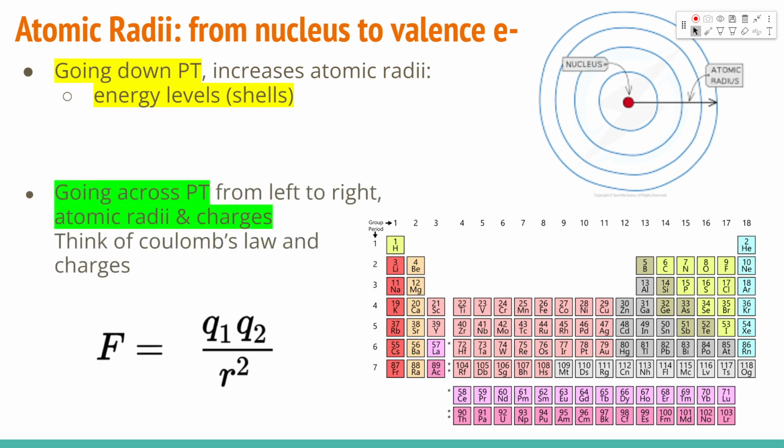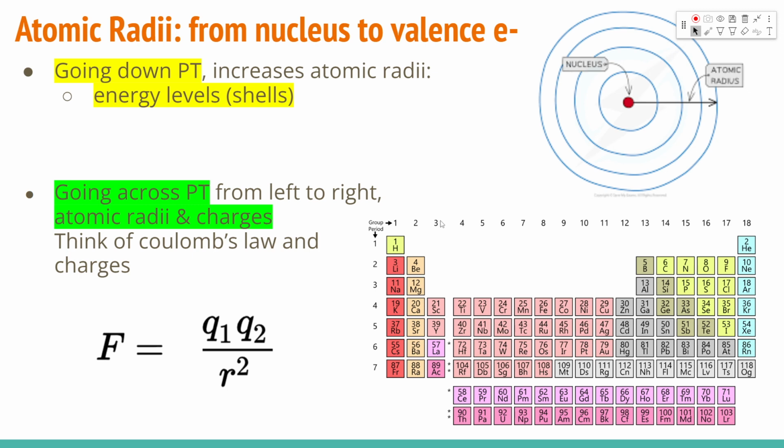Now, going across from left to right, we have to think about the radii and the charges involved. And so we need to think about Coulomb's law, which I have right here. And so, even though we're increasing the amount of stuff within the actual atom, so for example, I'm increasing the valence electrons added on the outside, I'm adding more protons in the middle, and so on, we have to think what effects are affected based off the atom.